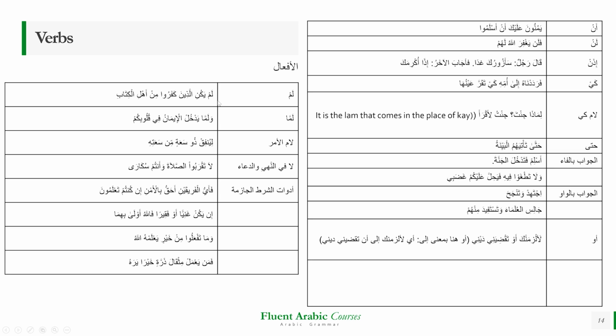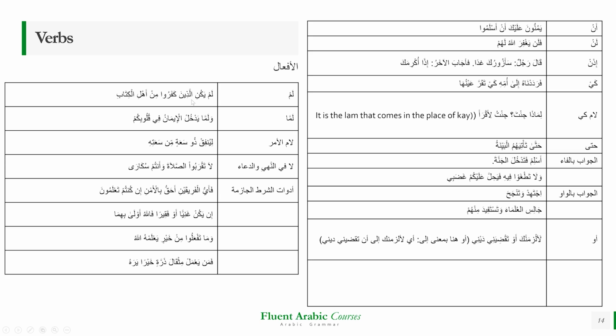Now an important question is, we see that the verb yakun here is taking the kasrah, and we said in the previous chapters that the verb never accepts the state of jar. So why does it have a kasrah? Actually, this verb has the state of jazm because it is preceded by a particle of jazm. It is actually lam yakun.